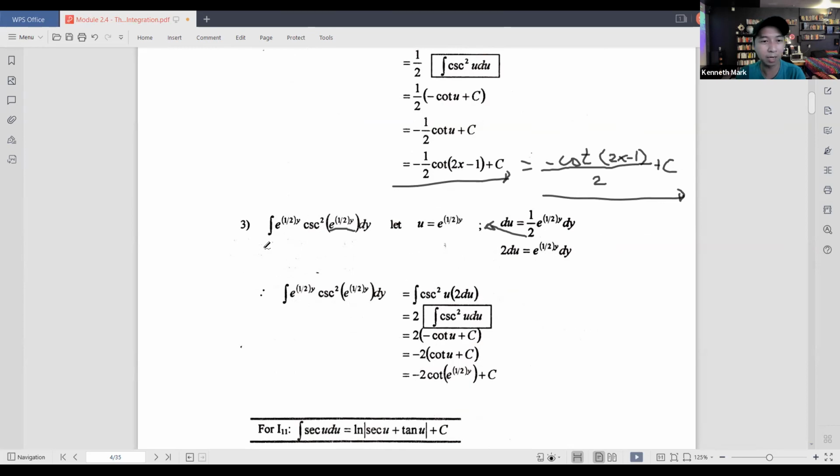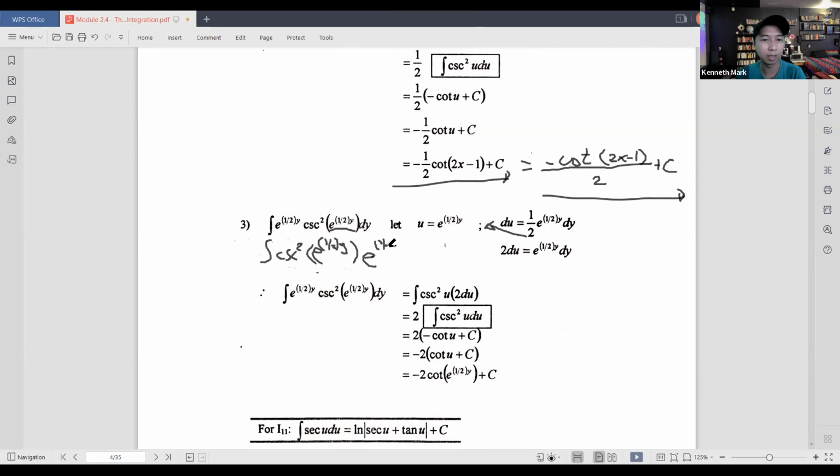Okay, so sinimplify lang natin. So it will become integral of, lipat natin, so integral of cosecant squared e raised to 1/2 y. Tapos lipat natin yung e para madali niyo maano. So you can transpose kasi multiplication naman to.